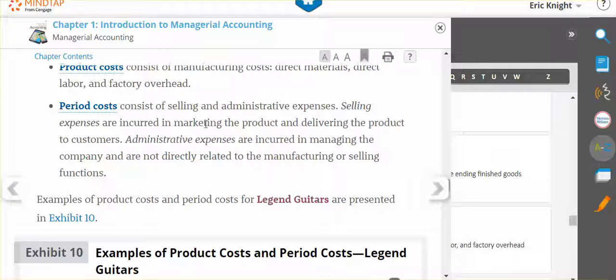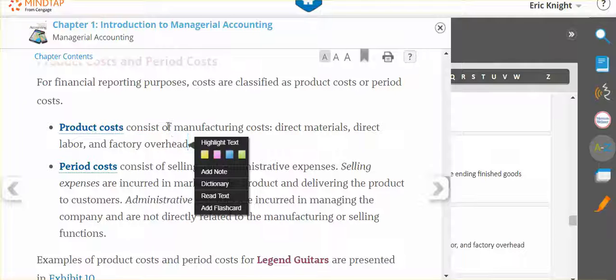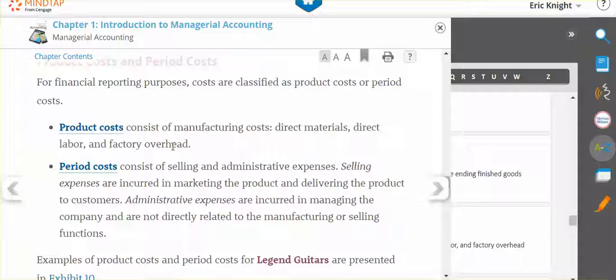Period costs are selling and admin costs. So stuff like cages and kennels and air conditioners and fencing would usually be depreciated as part of the factory overhead, since those are part of the production, if you want to call it that, of the dogs.